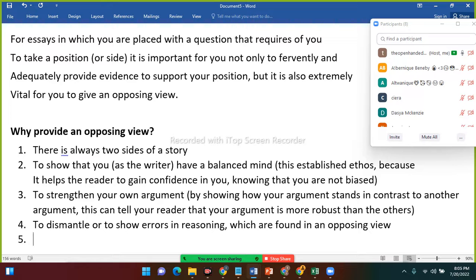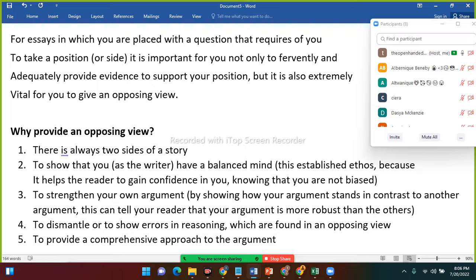So to the reader, it helps them to understand that there are different sides of the story. Maybe to, and you know, some of these are redundant, but to provide a comprehensive approach to the argument.